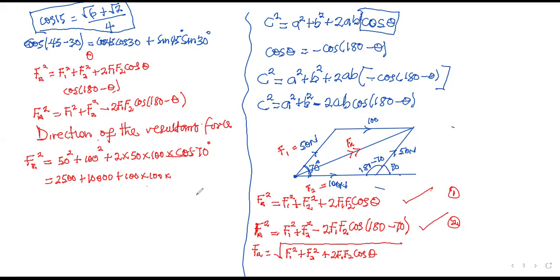Cos 70 is 0.342. So let's sum up: 2,500 plus 10,000 is 12,500.